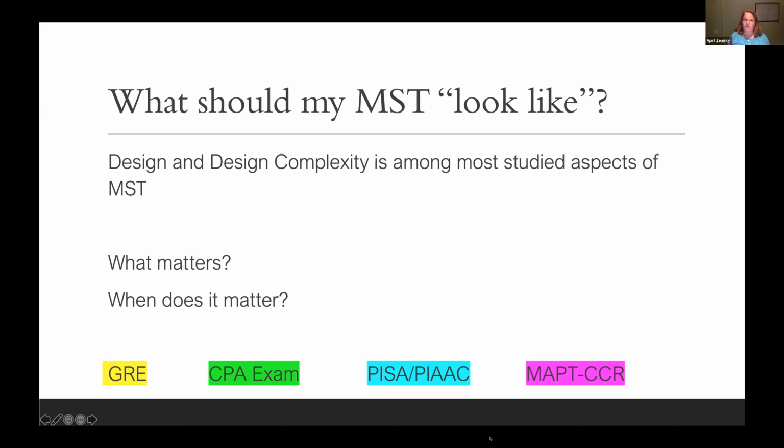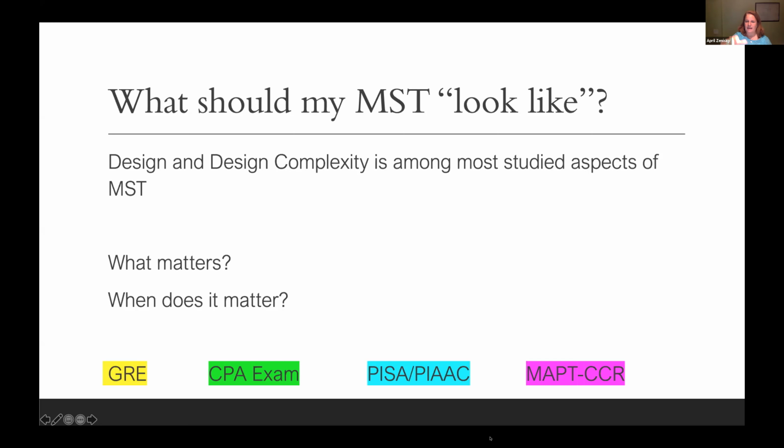And when we think about what an MST looks like, we spend a lot of time in research thinking about items and modules and stages and panels, and we've got these schematic drawings. And then if we look at those different kinds of tests, the GRE is a 1-3 test with easy, medium, and hard. The CPA exam being a 1-2, that's really focused on the higher end of your proficiency scale. So you've got medium and difficult items, and then a non-adaptive performance task.